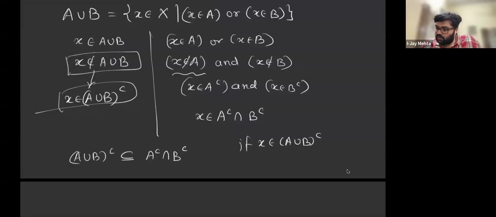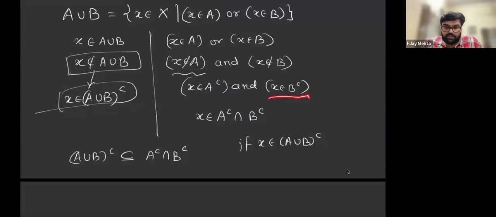I'm saying that we started with X not in A union B. So that means X is in A union B complement, right? So X is not in A union B. Now what is the negation? We know X is in A union B means X is in A or X is in B. So the negation will be X is not in A and X is not in B. If it is not in A, it is in A complement.